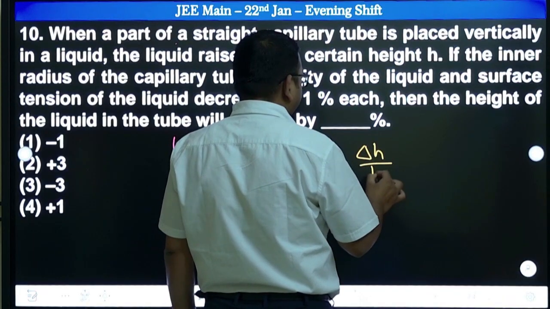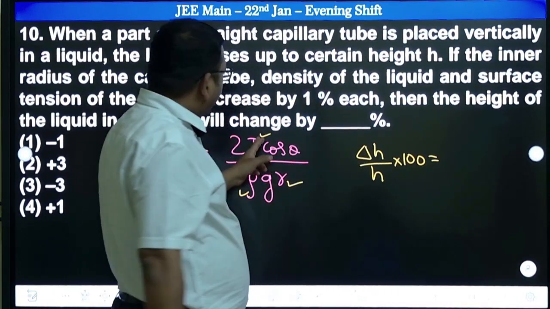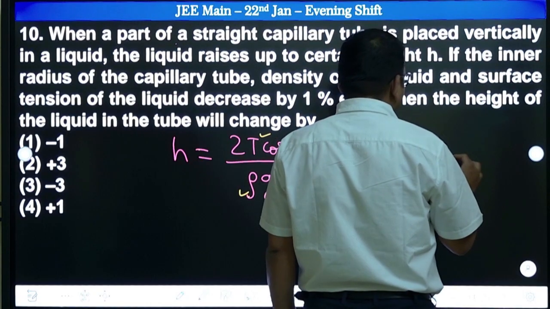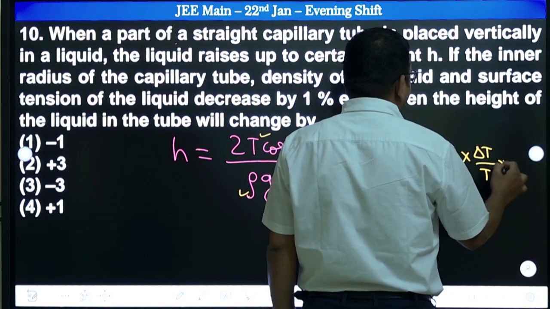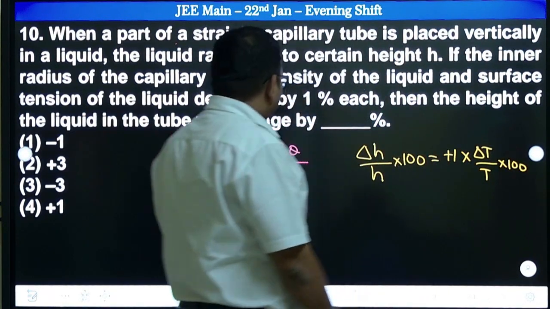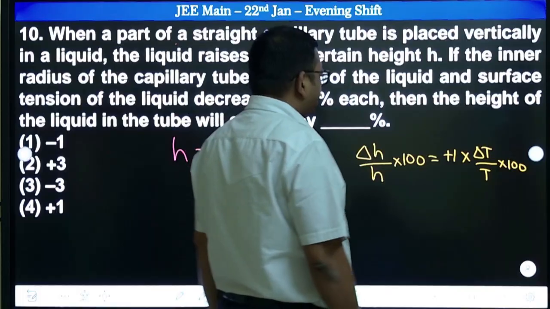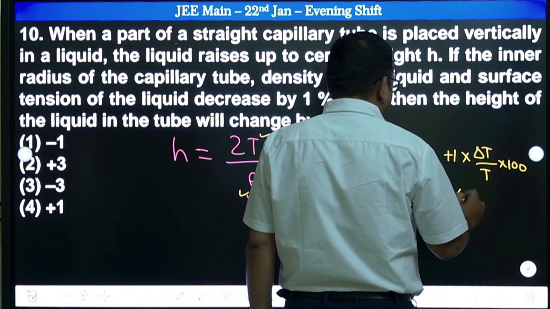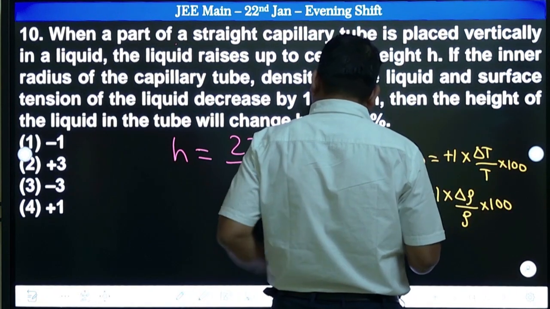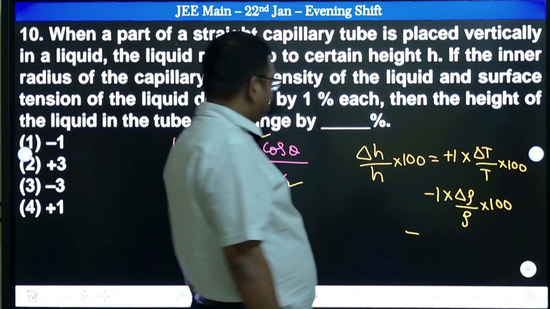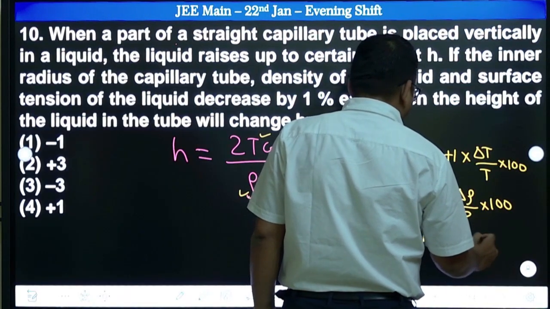Delta h by h into 100 is equal to, here power of T is 1, so plus 1 into delta T by T into 100. Here this is in denominator, so it is minus 1, right? So minus 1 into delta rho by rho into 100, and again r is also in denominator, so power is minus 1, so minus 1 into delta r by r into 100.